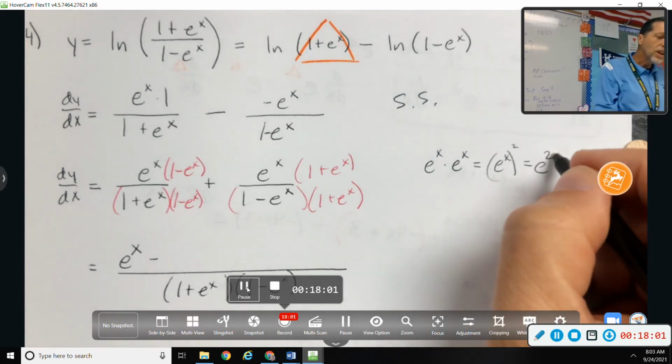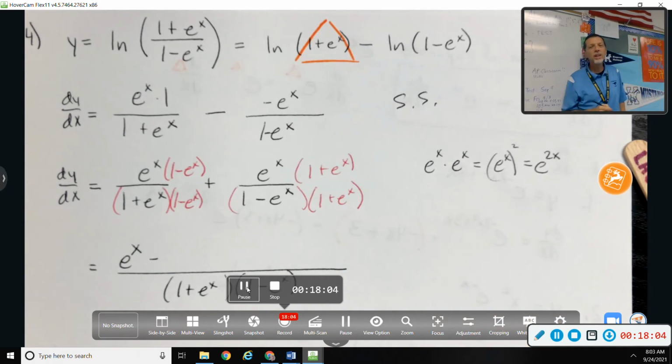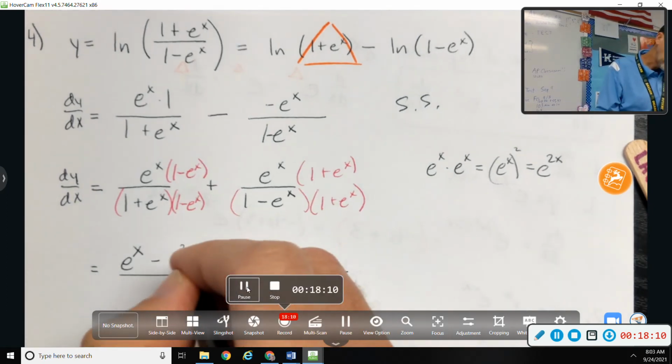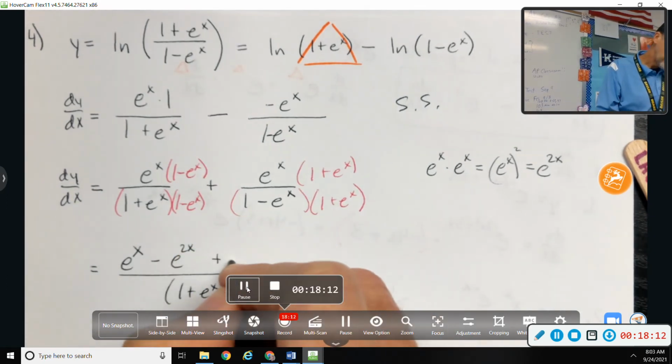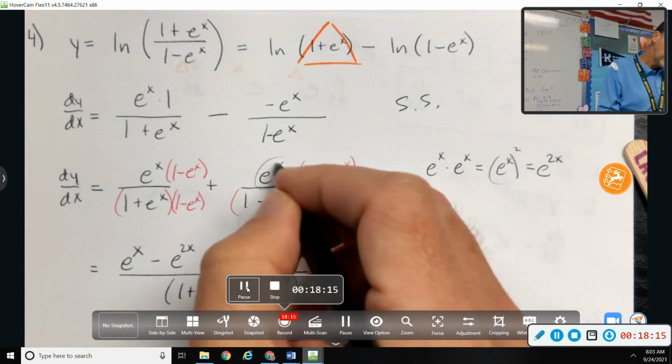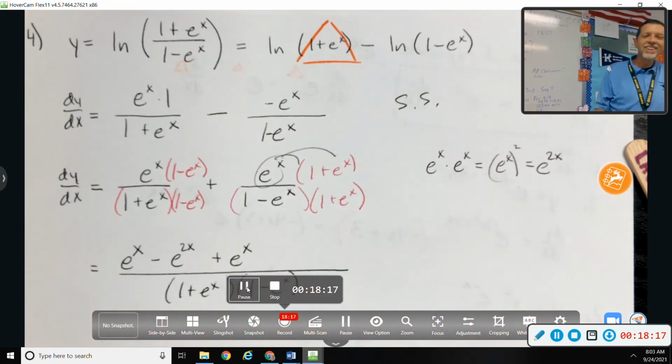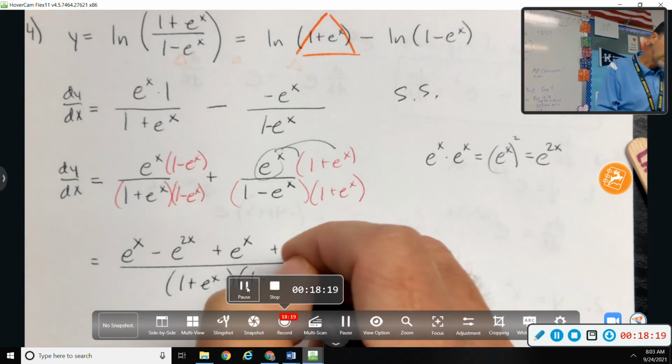So either would be okay, but it's probably better to go e to the 2x. So minus e to the 2x plus e to the x plus e to the 2x.